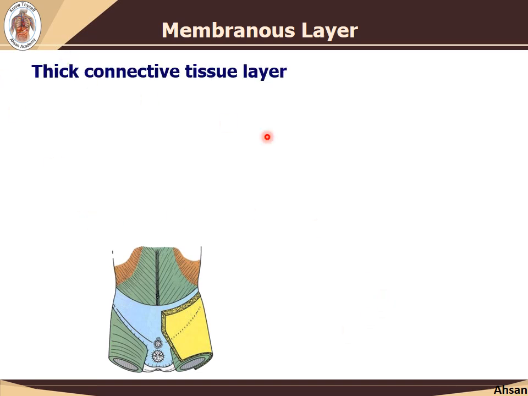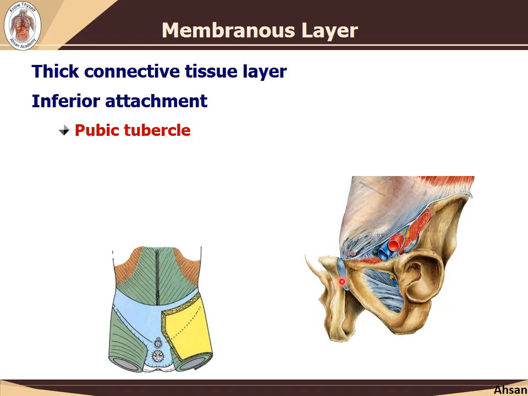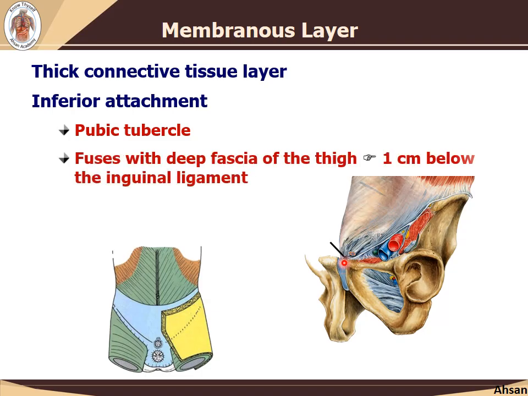So this is a thick connective tissue layer with bony attachment inferiorly. It is attached anteriorly to the pubic tubercle. You can see this is the pubic tubercle. Then this membranous layer fuses with the deep fascia of the thigh, about 1 centimeter below the inguinal ligament.